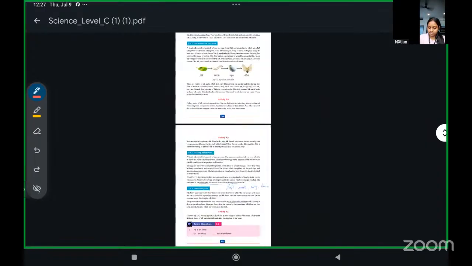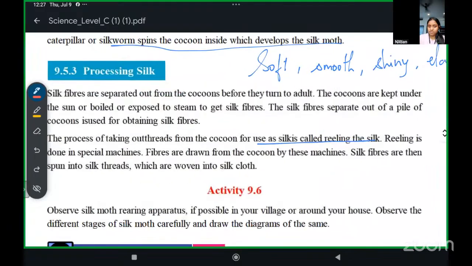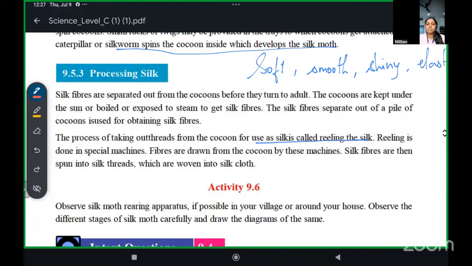Yes. Ma'am, in reality, why do these silkworms form cocoons? Why do the silkworms form cocoons in reality? The silkworm forms a cocoon because they grow inside the cocoon.